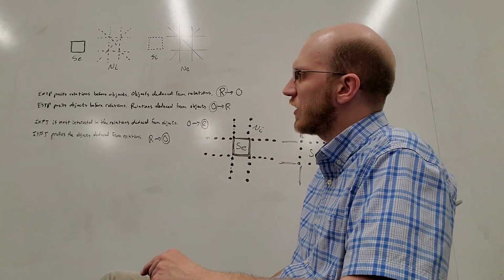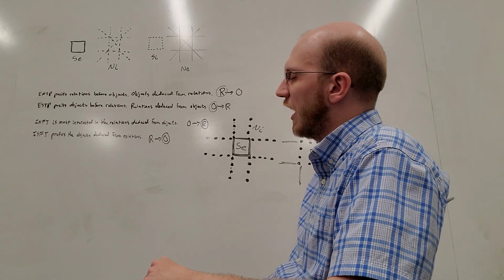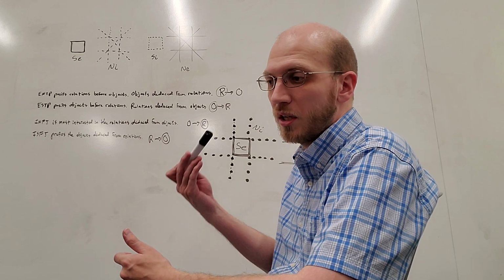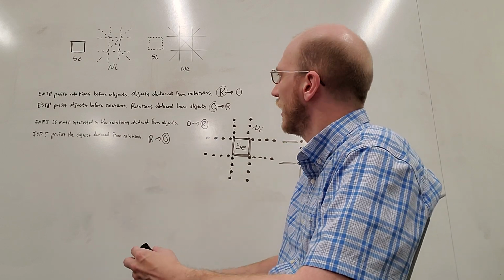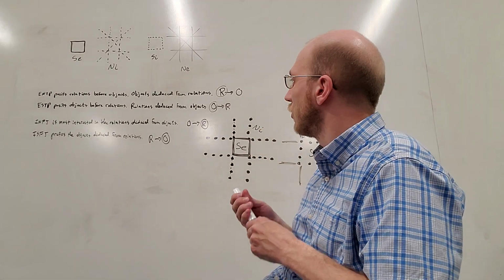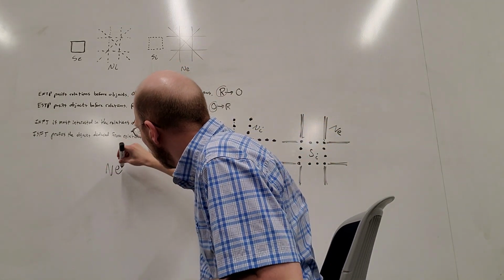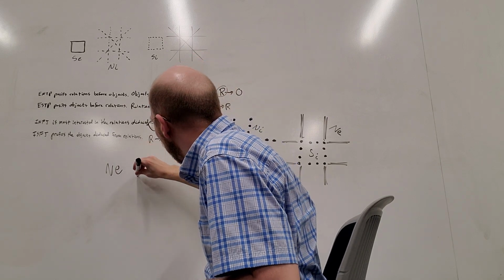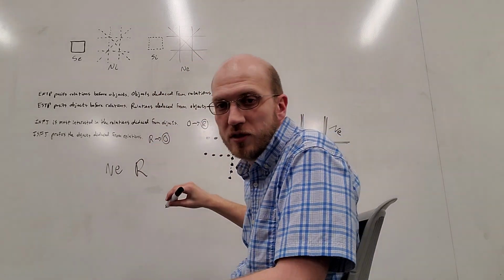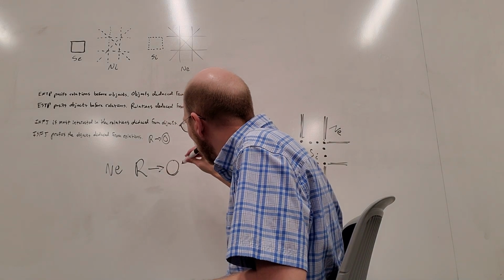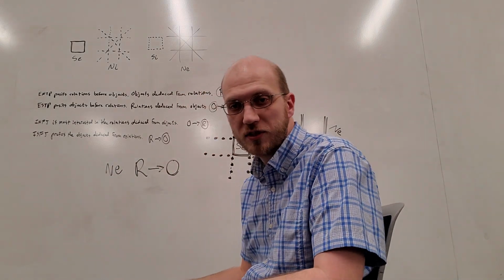So ENTP posits the relations before the objects, and it deduces the nature of the objects from those relations in some sense. I represented it up here. I'll rewrite it. So NE is R, relations, and it deduces from the relations the objects.